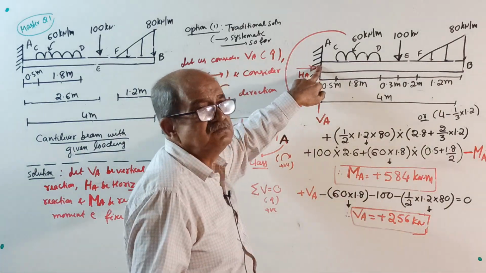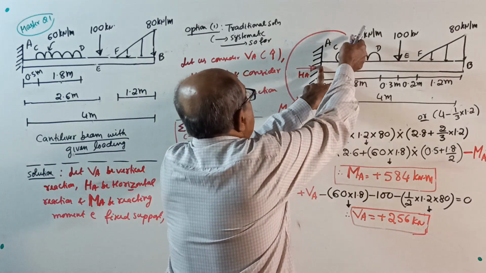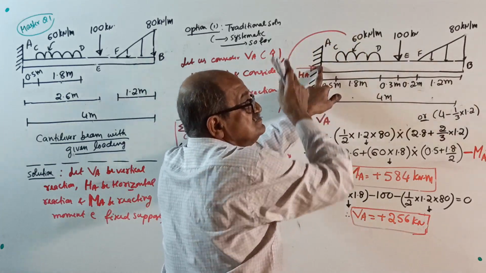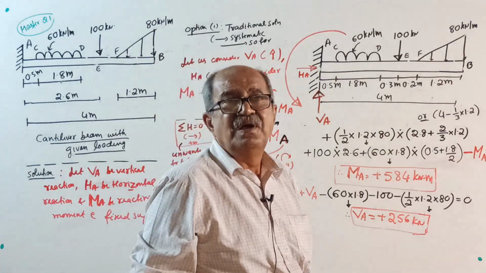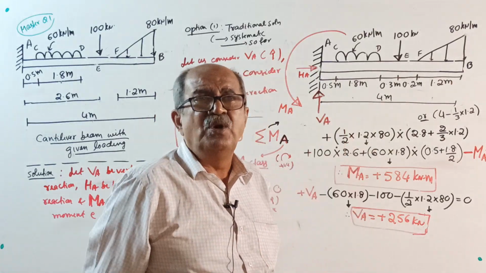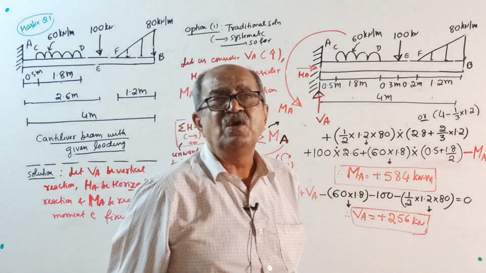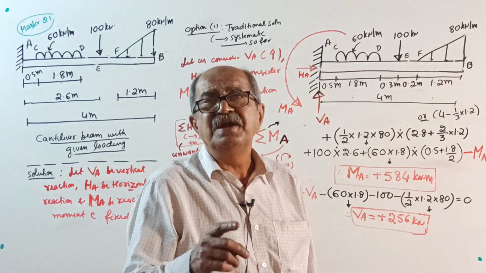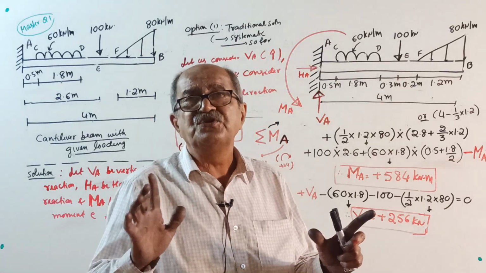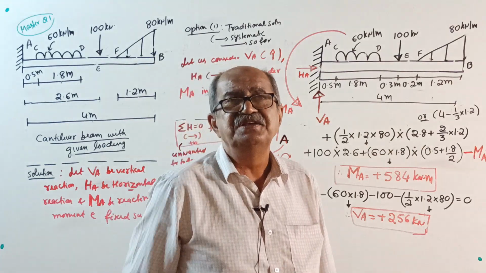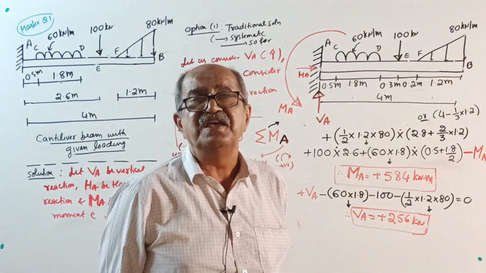One important point now. See, there is a reacting moment here. Remember, later I am uploading a series of classes on all basic concepts and important do's and don'ts to be remembered for structural engineering study.